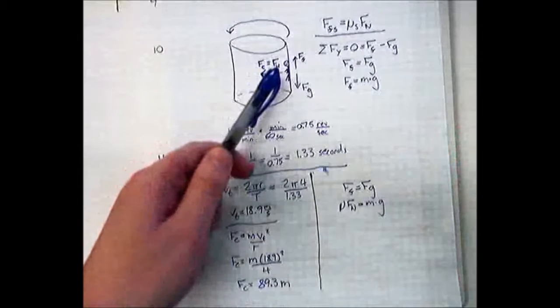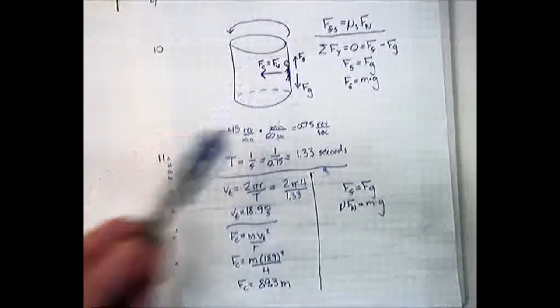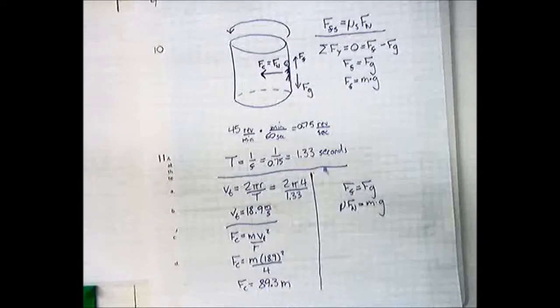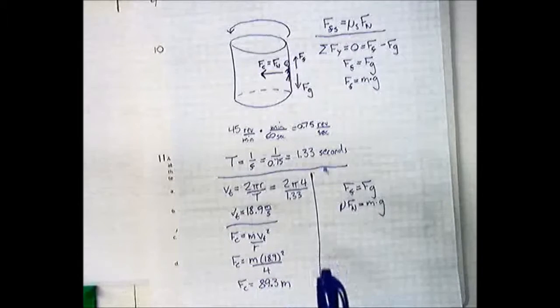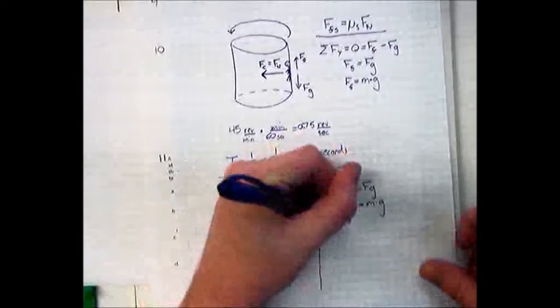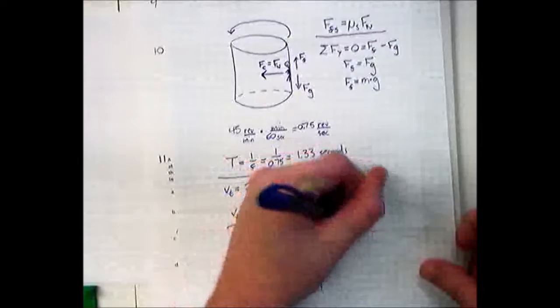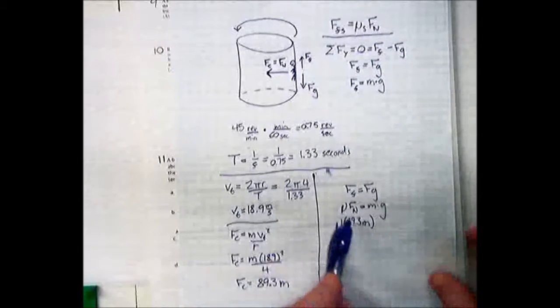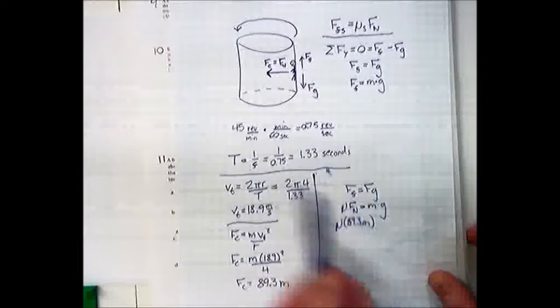Well, our normal force is equal to the centripetal force, and we just calculated that to be 89.3 m. So this is going to be mu times 89.3 m. Oh, I just said it's 89.3 times the mass, not meters. So it's mu times 89.3 m.